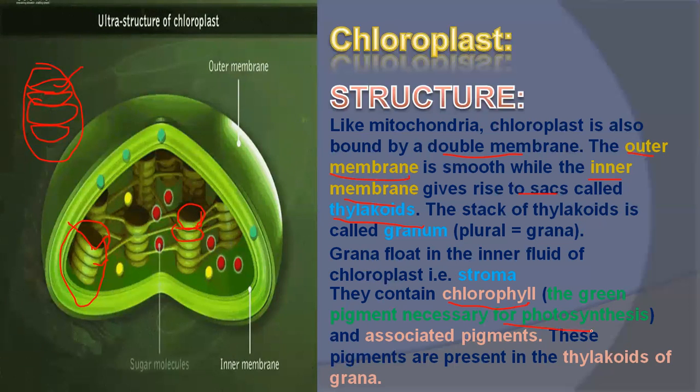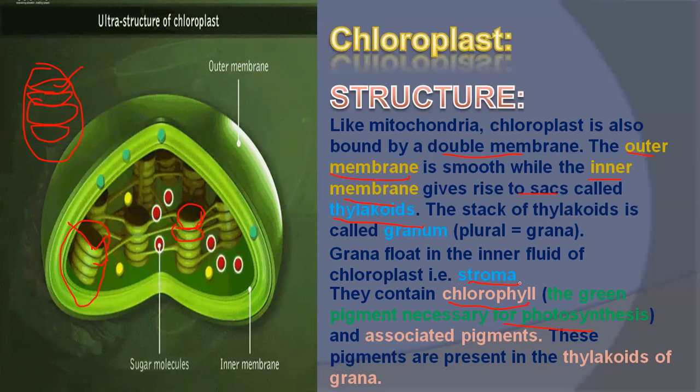Some other accessory pigments are also present in the grana with the chlorophyll, like chlorophyll A, B, and some carotenoids, and some other associated pigments which help in photosynthesis. These grana float in a fluid-like substance that is called stroma.